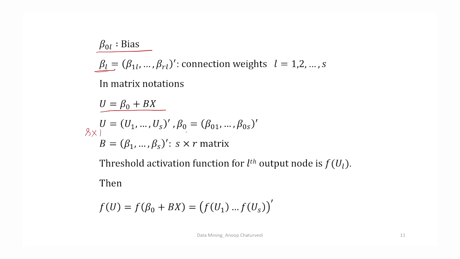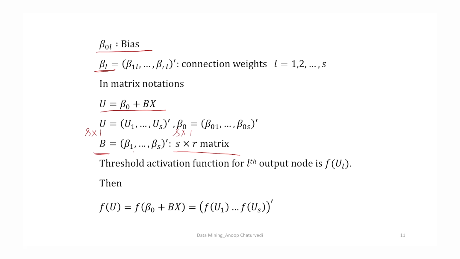Beta naught is also S cross 1 vector of bias coefficients, that is beta naught equal to beta naught 1, beta naught 2, so on beta naught S transpose. This B is S cross R matrix with the different columns as beta 1, beta 2, so on beta S, and then we take transpose of this.